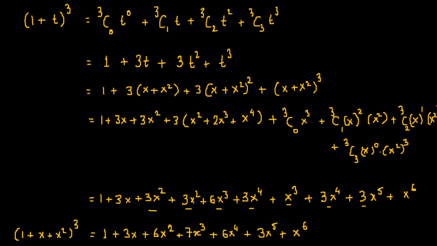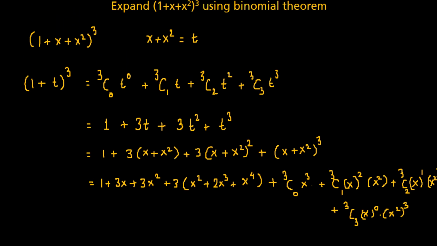So what we did, we were given a trinomial expression, and we tried to convert it to the familiar binomial expression by letting x plus x squared equal to t and following the steps as we just did. Okay, moving on to the next question.